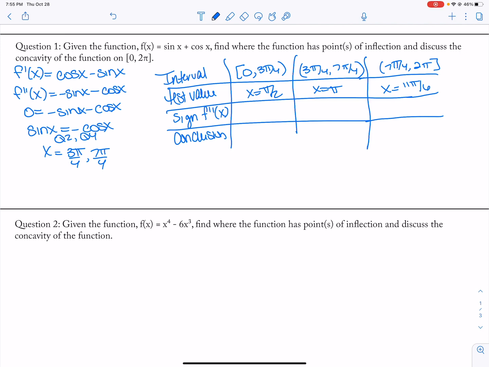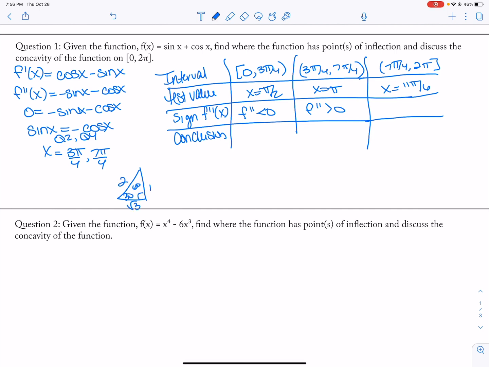Okay, so now I have sine of pi over 2 is 1, so that's negative 1, and then cosine of pi over 2 is 0, so this is less than 0. And then pi: sine of pi is 0, cosine of pi is negative 1, so this becomes bigger than 0. And then 11 pi over 6, so if I were to do my triangle, root 3, 1, and 2.